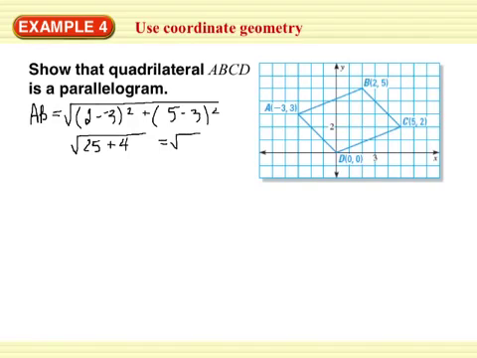So I have the square root of 29. And just leave it square root of 29. You don't have to do anything else with it.